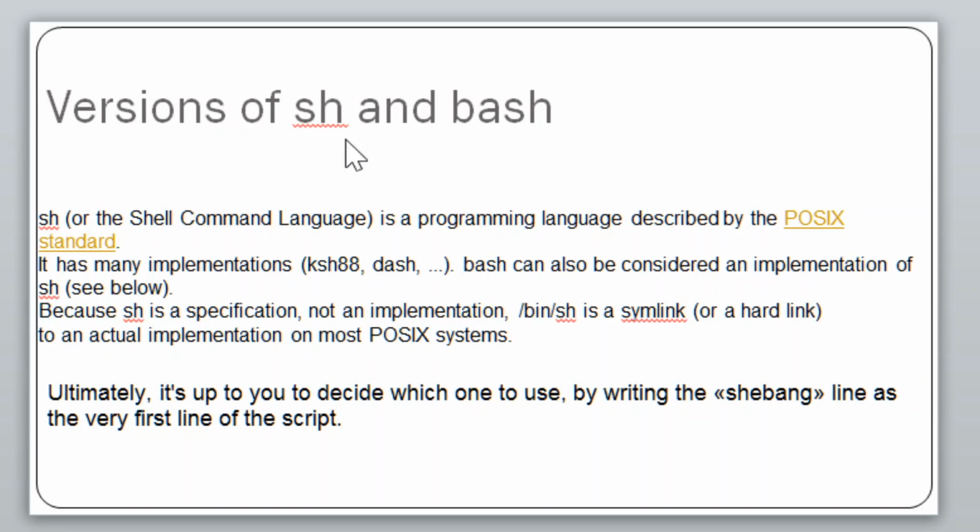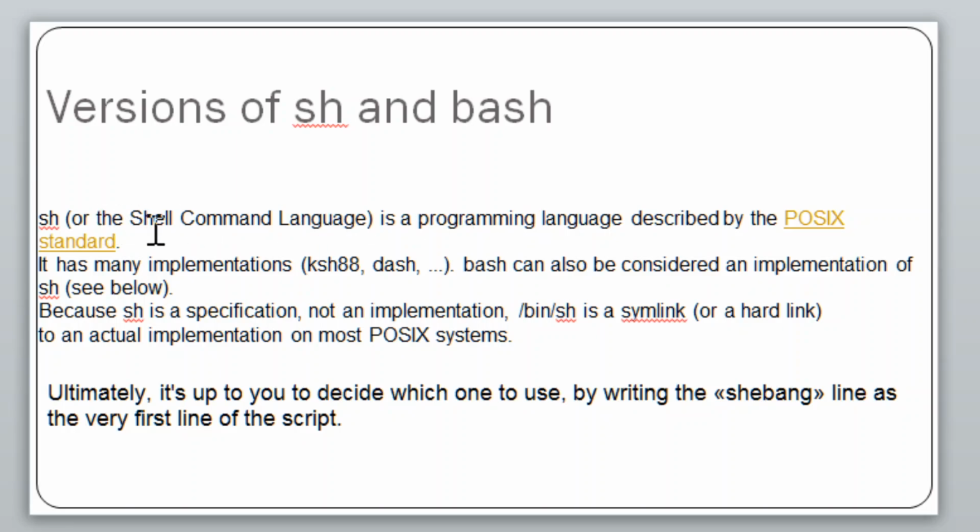So let's talk about the versions of shell and bash. Shell, or the shell command language, is a programming language described by the POSIX standard. So guys, you might be familiar with C# or C++, and other things like that. In Linux, sh is similar to those in the fact that it's a programming language, right?